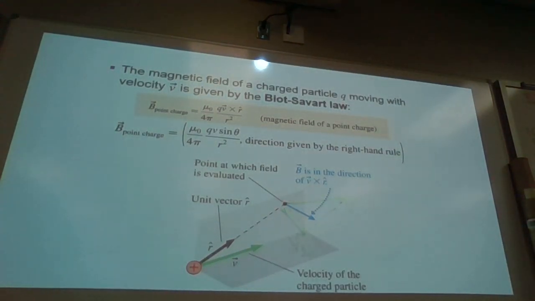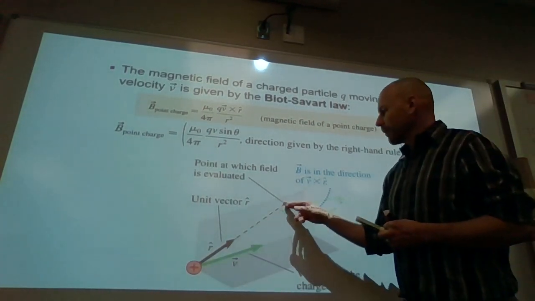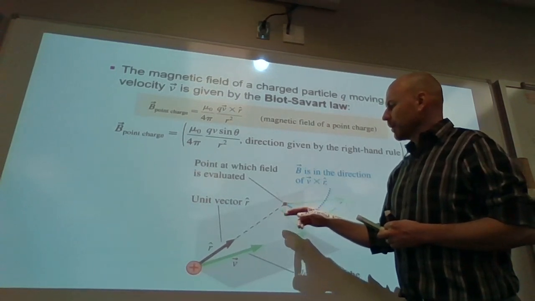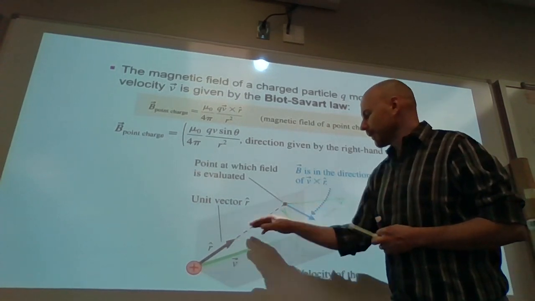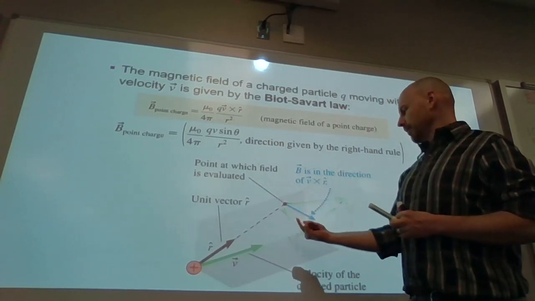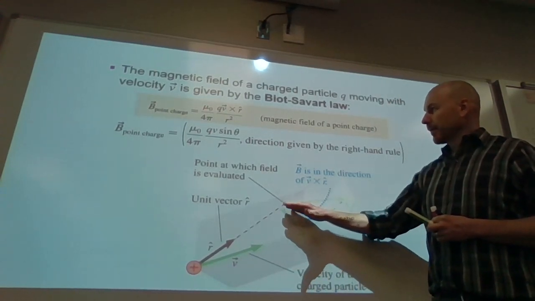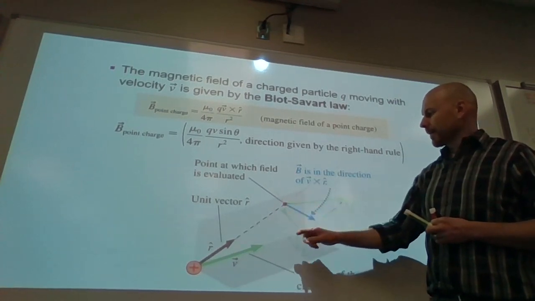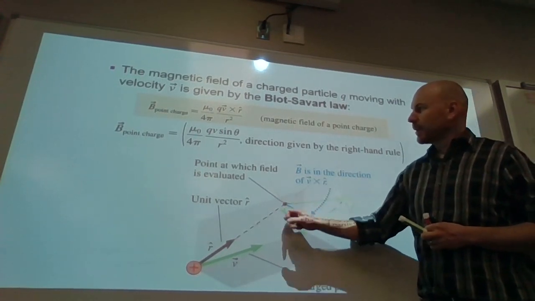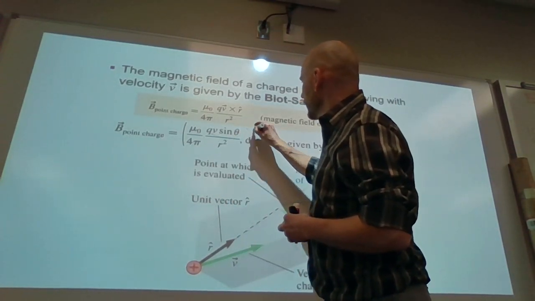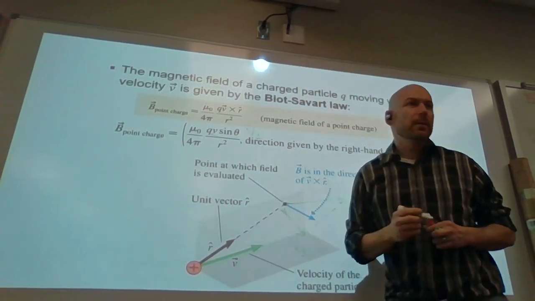We're multiplying those two quantities, this radius, actually this is the unit vector, so it has a magnitude of 1, by this, so this is your V sine theta. This is your V perpendicular.